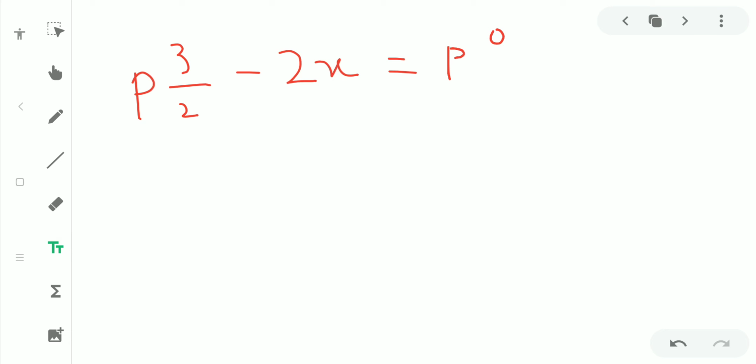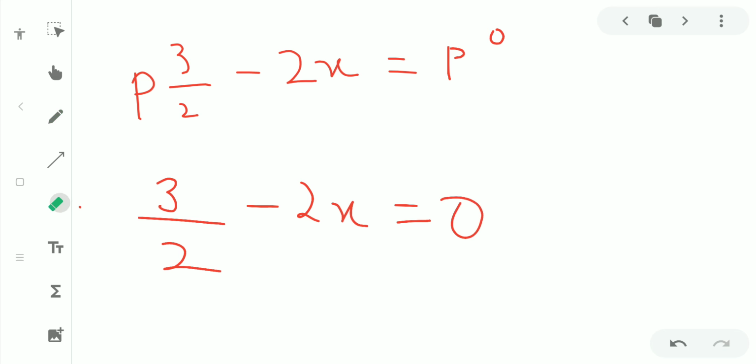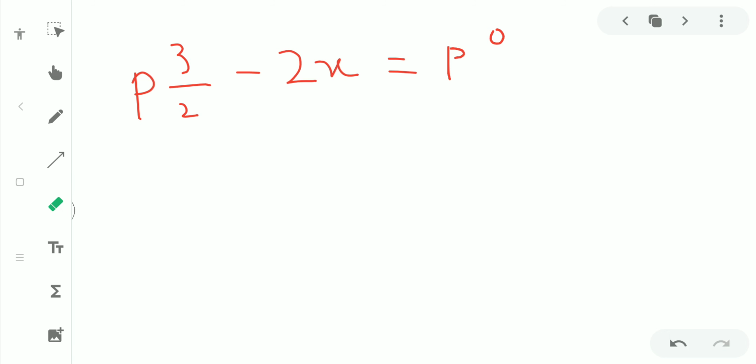And you know the statement, that is when bases are equal, powers are equated. So here bases are equal. So let us equate the powers. 3 by 2 minus 2x is equal to 0. We will get 3 by 2 is equal to 2x.